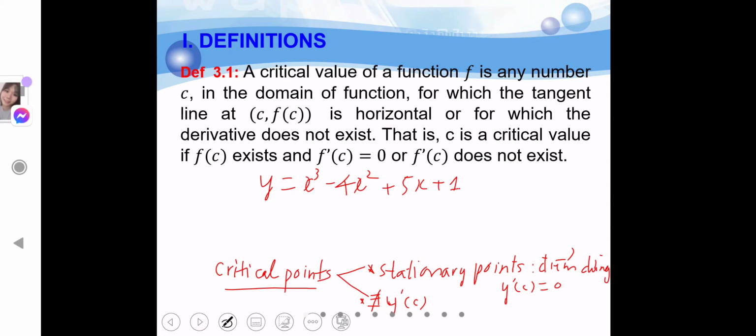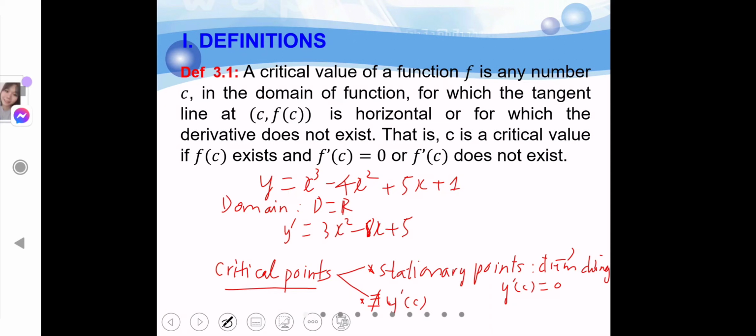You find the domain of this function. The domain is R. The letter D is abbreviated for domain. And so we have y prime equals 3x squared minus 8x plus 5.